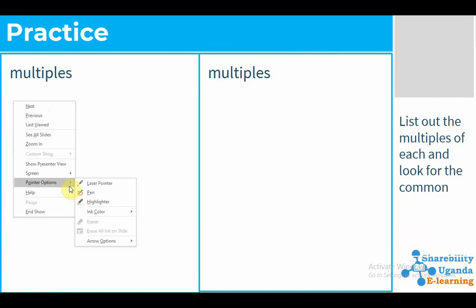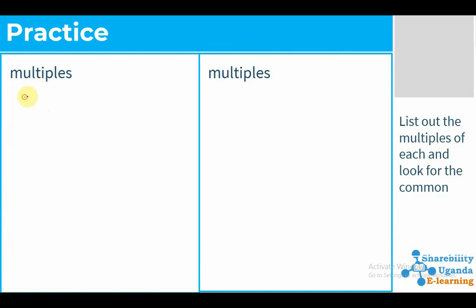Here we are going to have the multiples of 2. I'm going to write this big M with the 2 down, meaning multiples of 2. To get a multiple of a number, we take a given number, which is 2, and we multiply it by another number which is greater than 0. We look out for numbers greater than 0 and multiply them by 2.